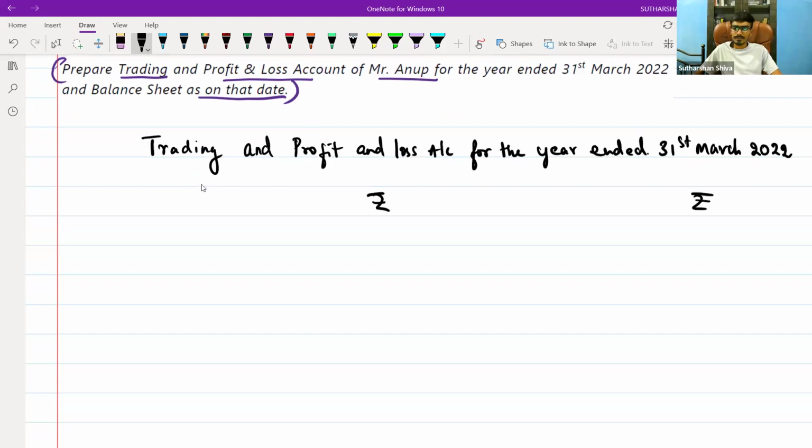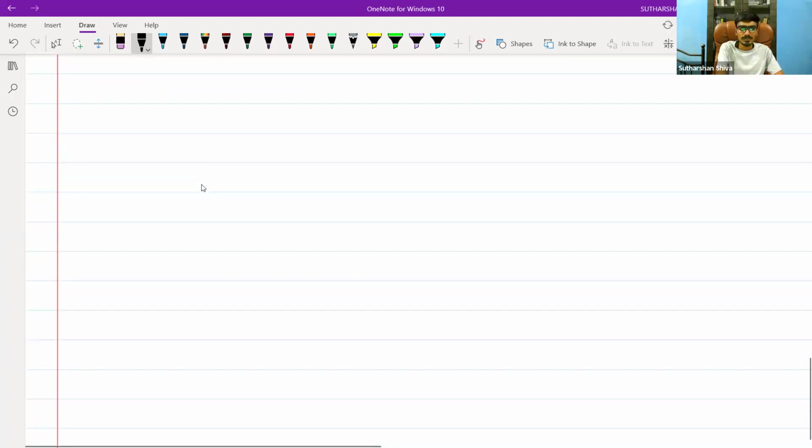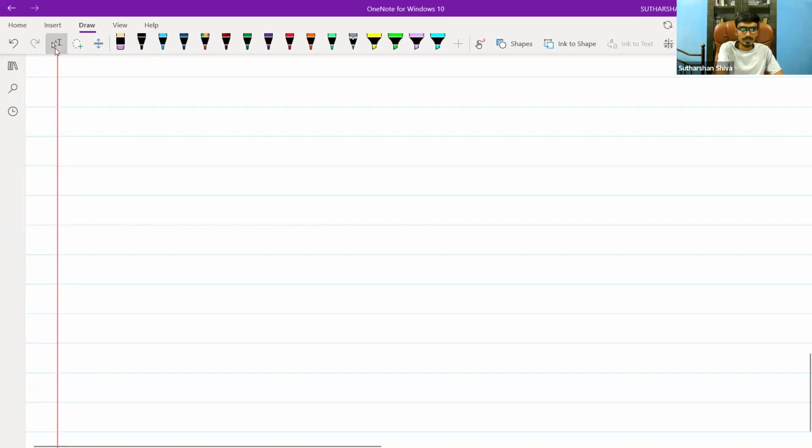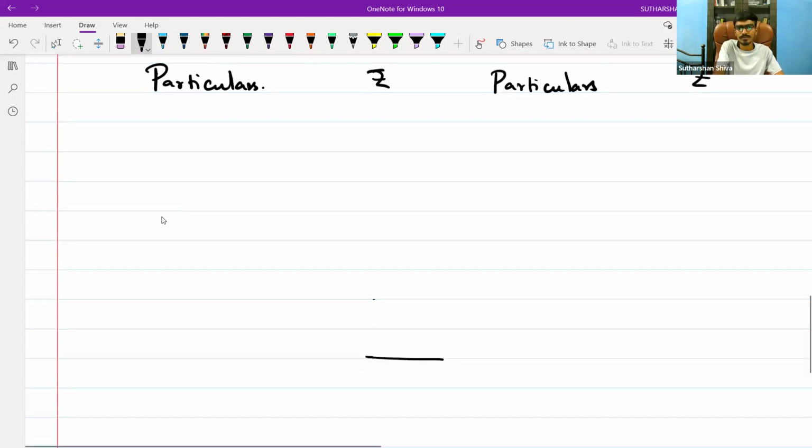Give ample space. For the trading account, 6 to 7 lines is more than sufficient.